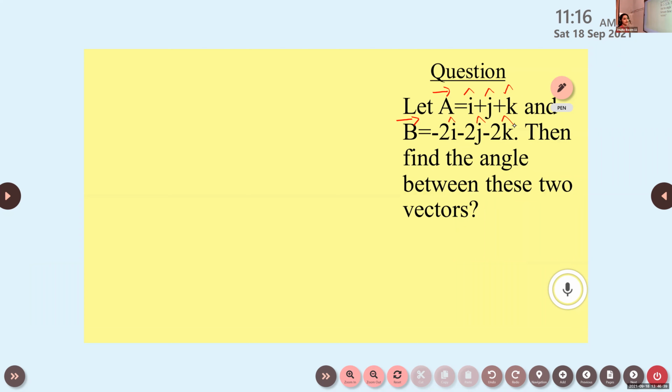Then find the angle between these two vectors.